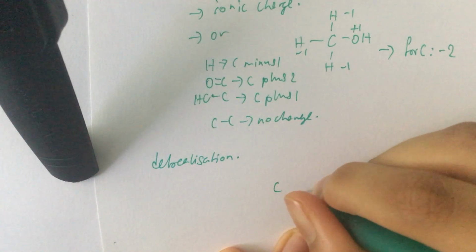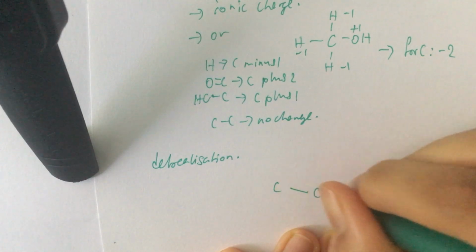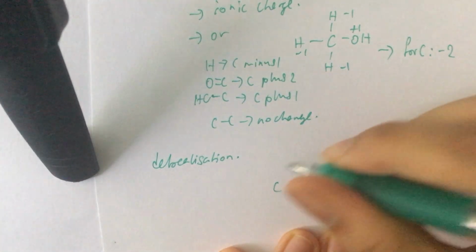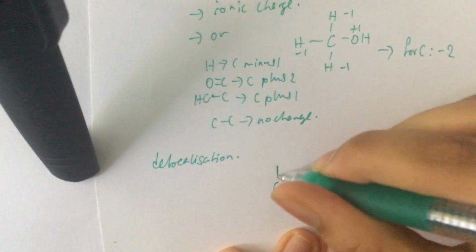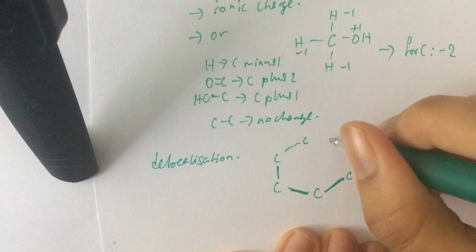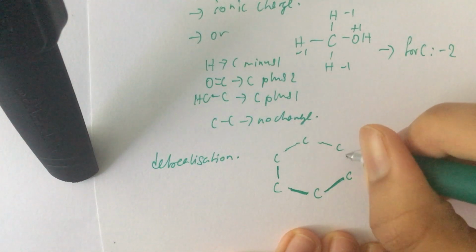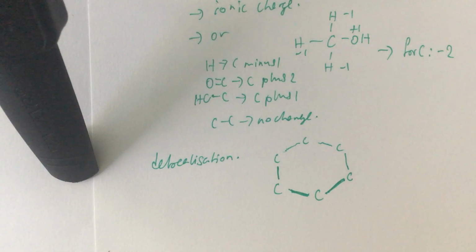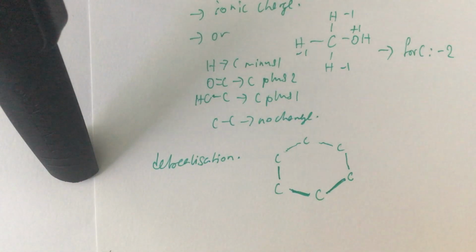And this would be most visible in a benzene ring. If you see the skeletal formula, you know it's not really just any plain double bond. It's like in between a single bond and a double bond.